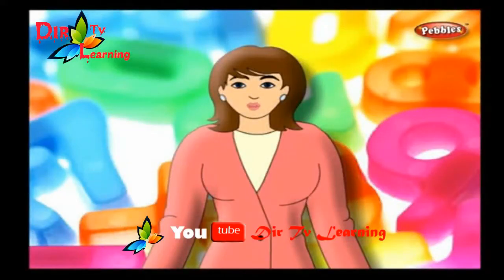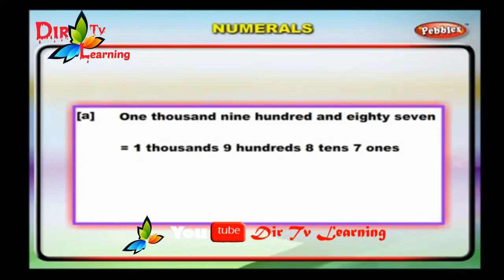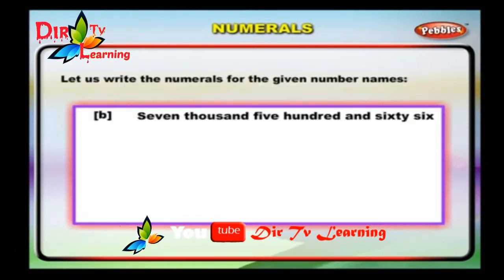Let us write the numerals for the given number names. 1,987. We have 1 thousand, 9 hundreds, 8 tens, and 7 ones. We write this as 1987. 7,566.